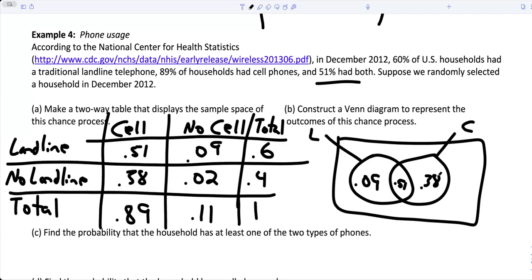And if I add these up, 0.09 plus 0.51 plus 0.38, what do I get? 0.98. And it's got to be 100% total. So what goes outside the two circles, but inside the sample space? 0.02.